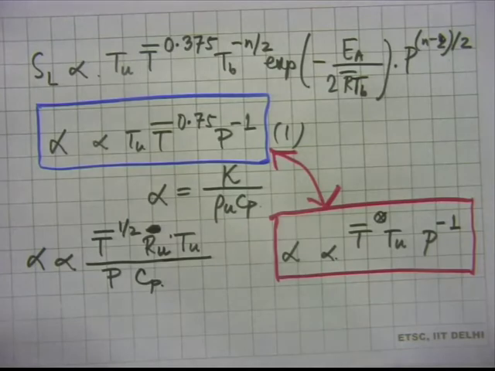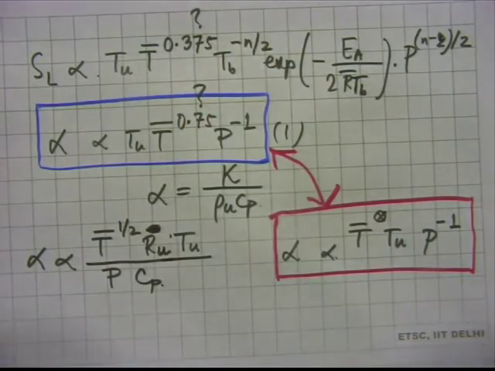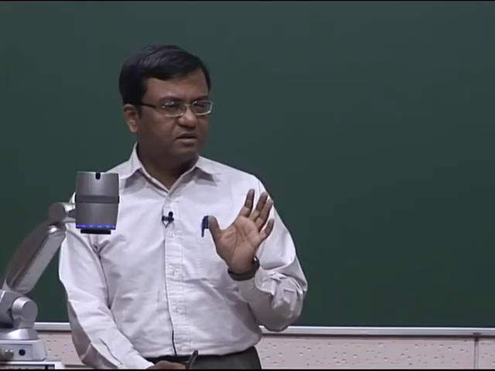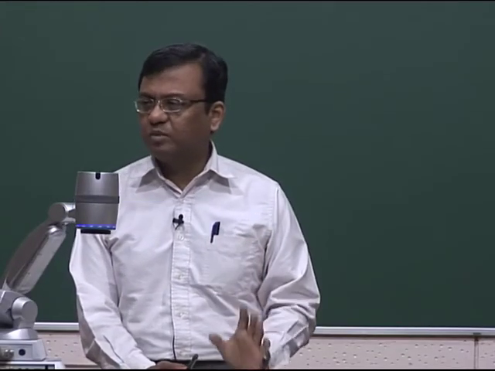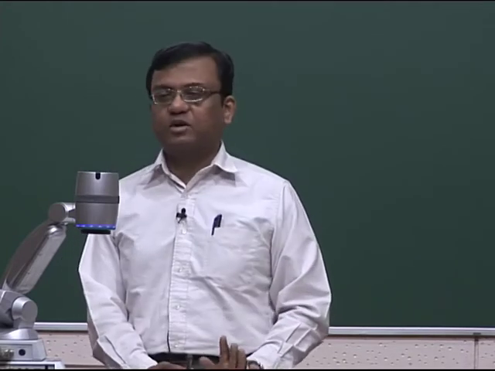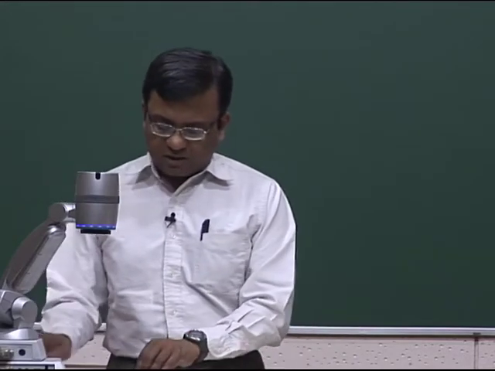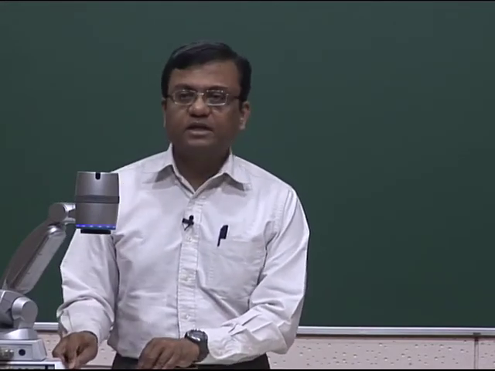So this 0.75 has a question mark, and this 0.375 also has a question mark. So we will not go by this strictly, but we will still write 0.375. When you look at this 0.375, you will think about it as some number which is less than 1 probably, or some positive exponent. That's all. I don't think it's 0.375, but we'll keep it this way. So this is our relation 1.